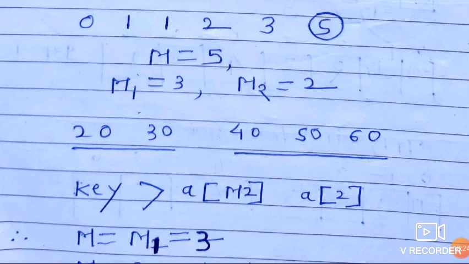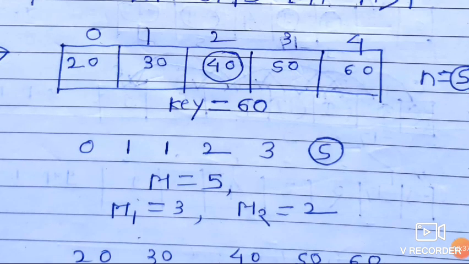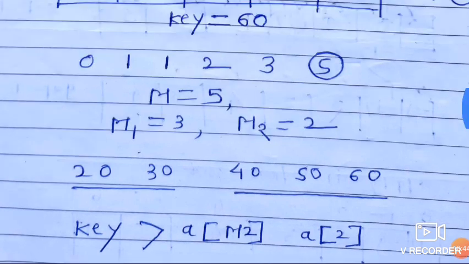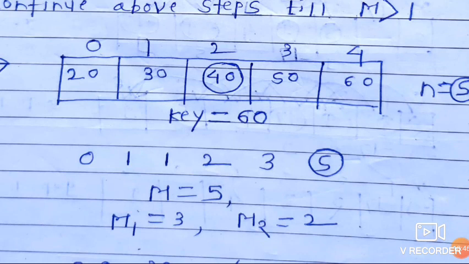Okay, we now have m, m1, m2, and key. Now we compare key with a of m2 plus offset. Offset is 0, key is 60 and m2 value is 2. So we compare key with a of 2. A of 2 is 40, so key is greater.